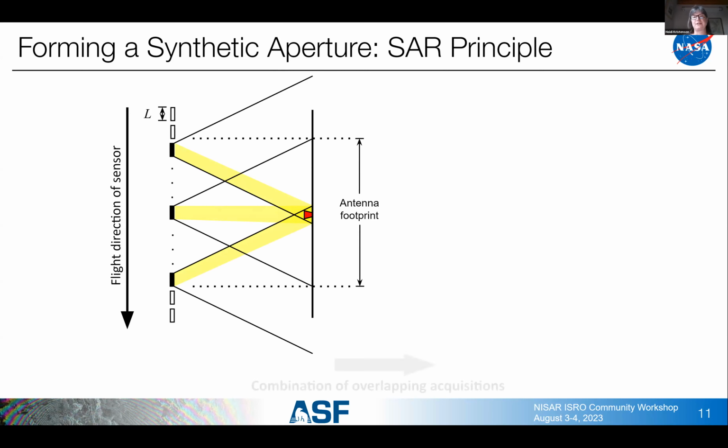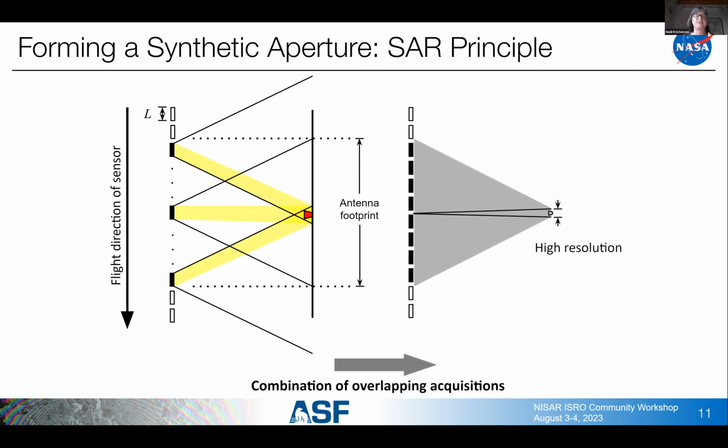And we can use those multiple acquisitions to focus the image into a high resolution version that synthesizes having a much longer antenna, even though it's actually just a series of individual images along the flight direction of the sensor. So this gets around that problem of needing a long antenna. We essentially synthetically create a much longer antenna so that we can collect high resolution data even from very far out in space.